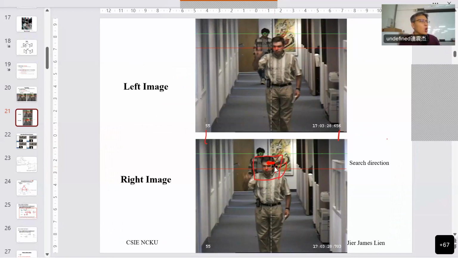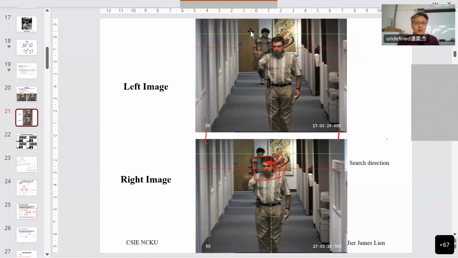How do you find the corresponding point? Basically, based on this point, we pick up a 3x3 window, and you start to search, using SAD, sum of absolute difference. A 3x3 window has nine elements, so at each position you just subtract point by point.